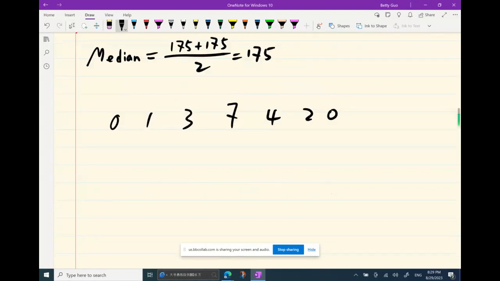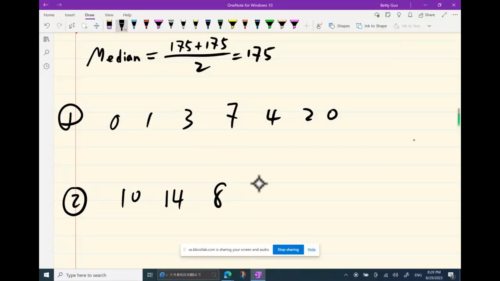And practice number 2, I'm gonna give you a data set with an even number of values. So let's try 10, 14, 8, 13, 5, 11.